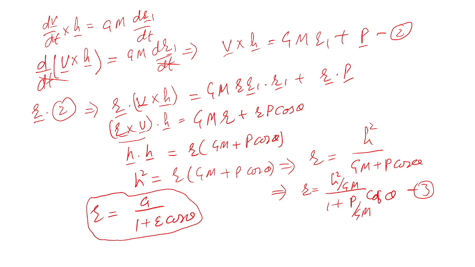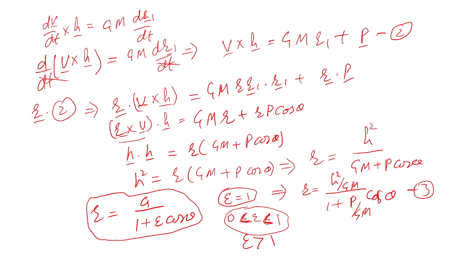If epsilon is greater than or equal to 0 and strictly less than 1, in this case it is an ellipse. Epsilon equal to 1 is a parabola, and if it is greater than 1, that is a hyperbola.